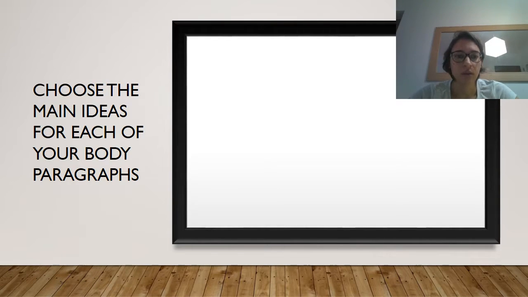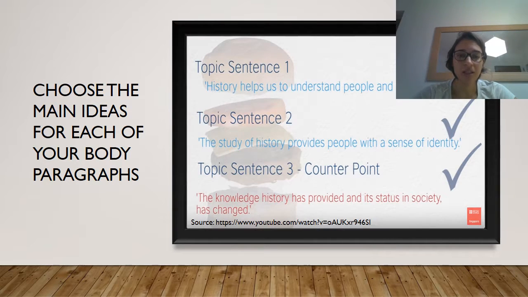Then you are going to start choosing the main ideas, the best ideas for each of your body paragraphs. So first off, you let yourself be immersed in this ocean of ideas.